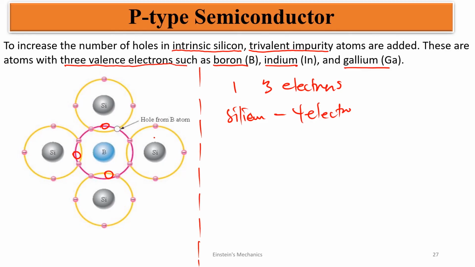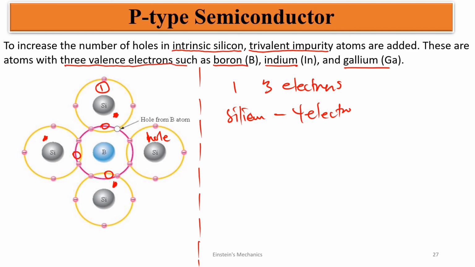But here it is having 3 of them. So this first silicon is going to bond with one of boron's electrons to complete its configuration. This is also going to complete it. This is going to complete. But this part needs one more electron to complete it, meaning there is a hole created here. It needs an electron. It is a hole created.